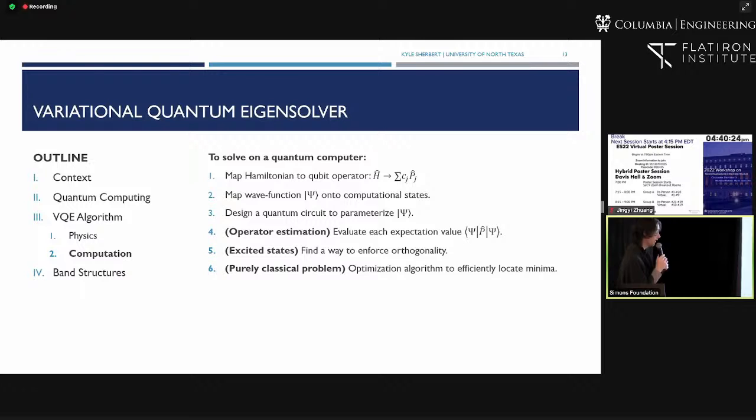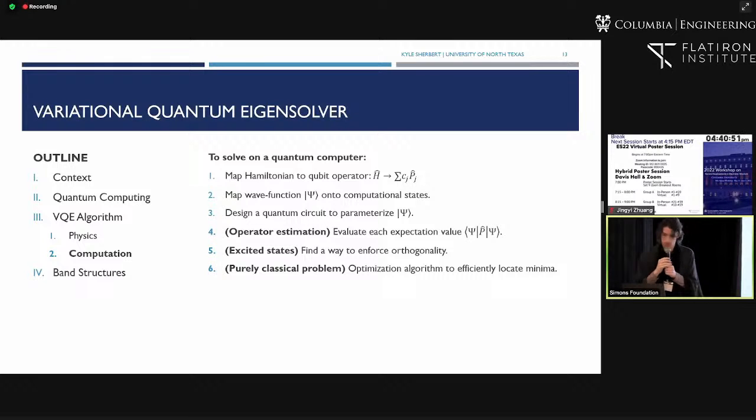And then we're going to have some process to measure the expectation value of the Hamiltonian of our system with respect to this computational state that we've prepared. And that is going to give us a cost function that we can then optimize, tweak the parameters until we find a minimum, and then we quote that as our ground state.